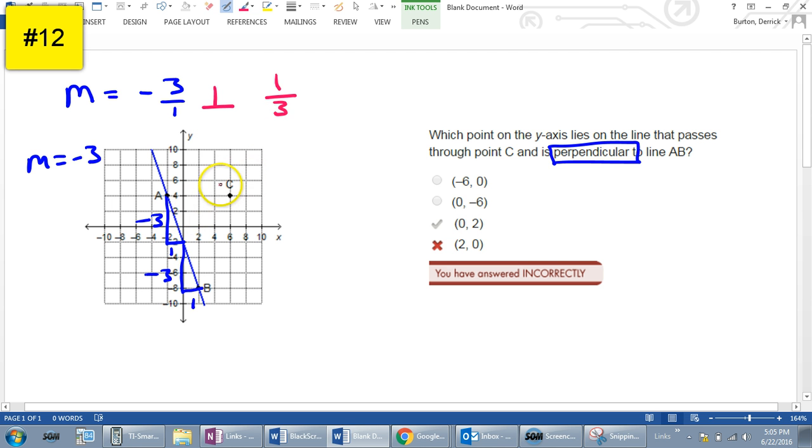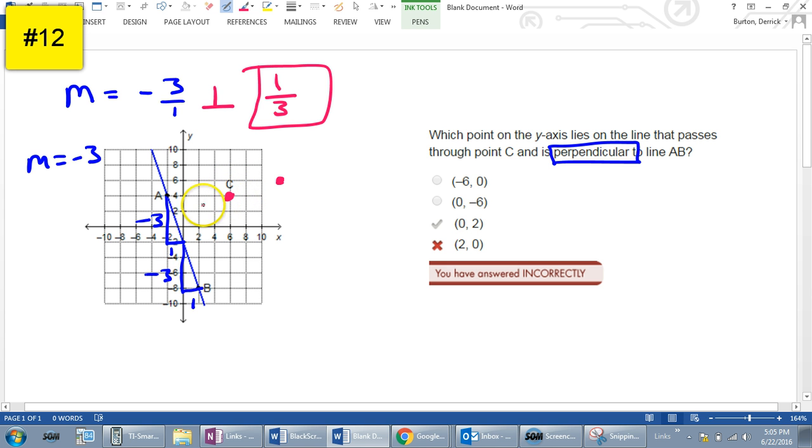So I'm going to make sure that my slope goes up 1/3. Now it's supposed to go through the point C, so I might as well start here and go up 1/3, rise over run. It's a little bit tricky because if I go up 1/3, that actually takes me a little bit off the graph.